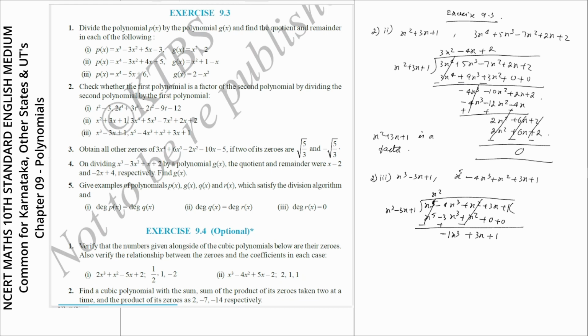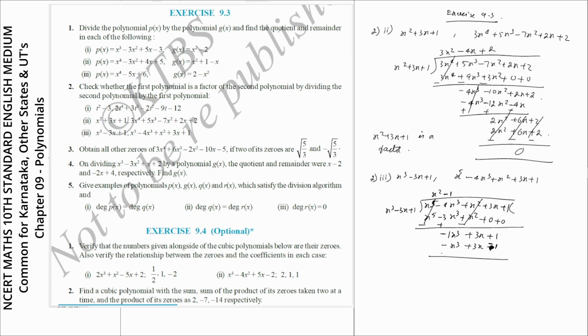Now if I multiply by 1, what will I get? I can make the first term equal. So 1 into x cube is x cube. So 1 into minus 3x is minus 3x. Sorry, 1 into plus 1 is plus 1.